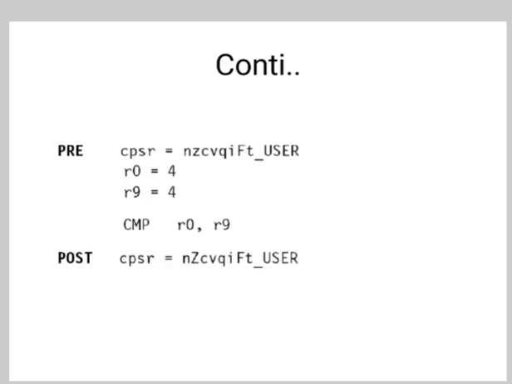So previously R0 is 4, Rn is 4, and compare R0, R9. R9 is 4, okay. For CMP, normal CMP, we do the subtraction. So it is 4 minus 4, and the CPSR values.